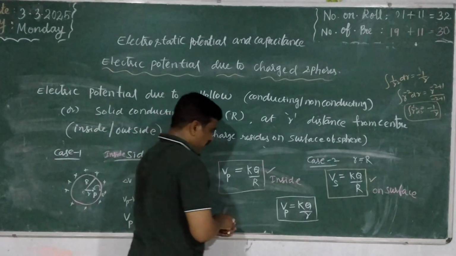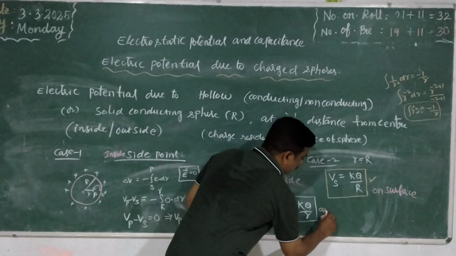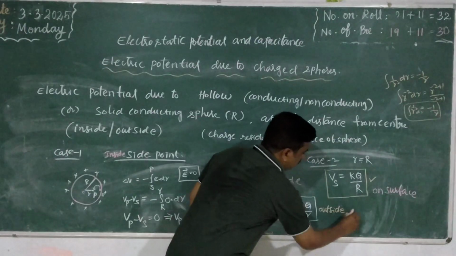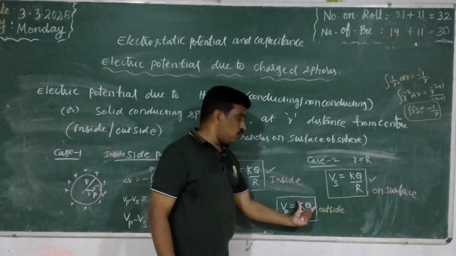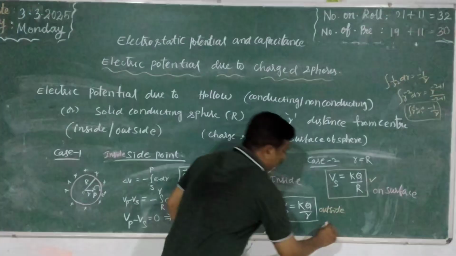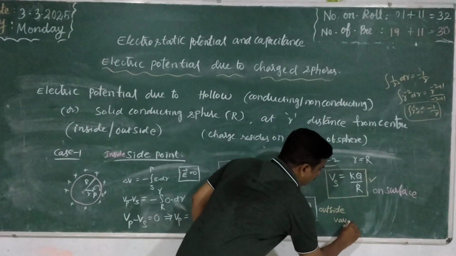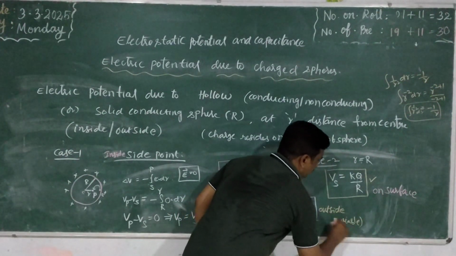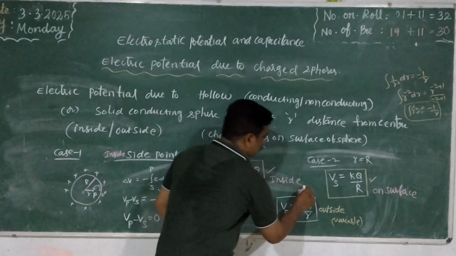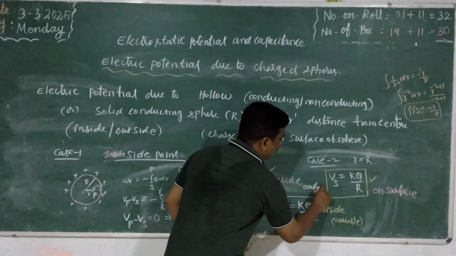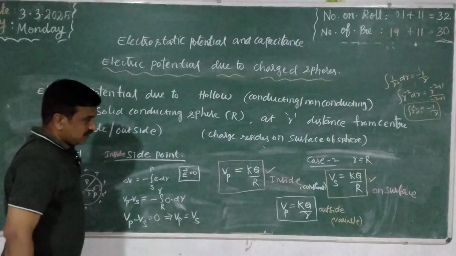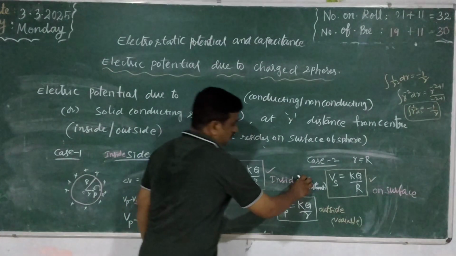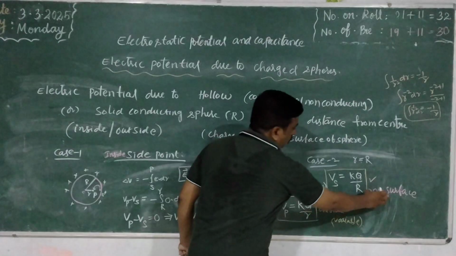Outside point Kq by small r is variable, it changes according to distance. Inside, it is constant, from center to surface it maintains the same value. So inside point is constant, outside point variable, on surface this one.